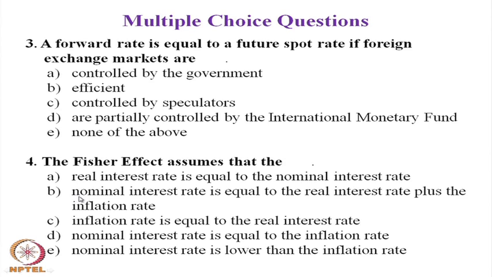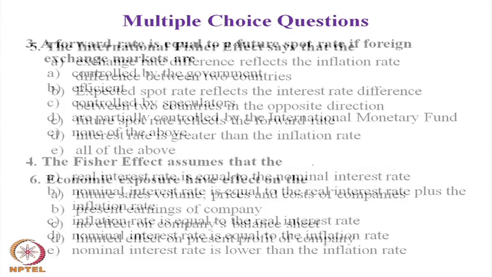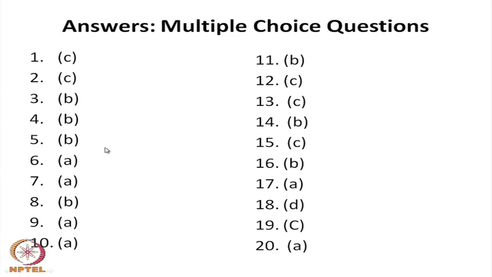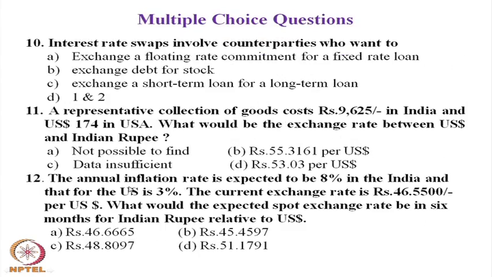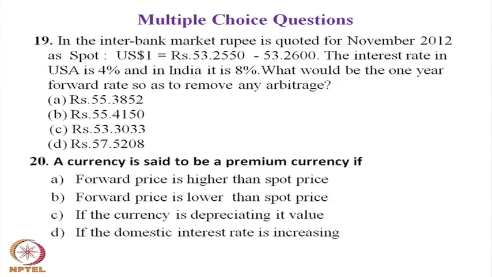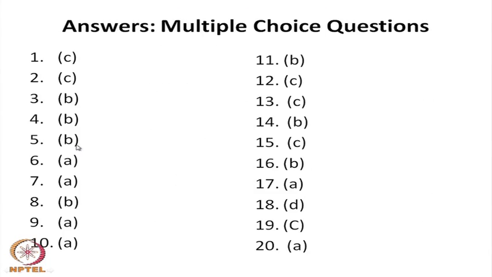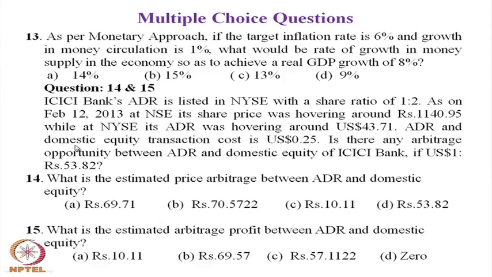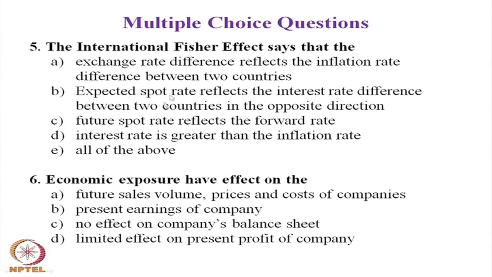Nominal interest rate is equal to real interest rate plus inflation. In case of question number 5, the answer is B. Question number 5 I mentioned is the international Fisher effect.